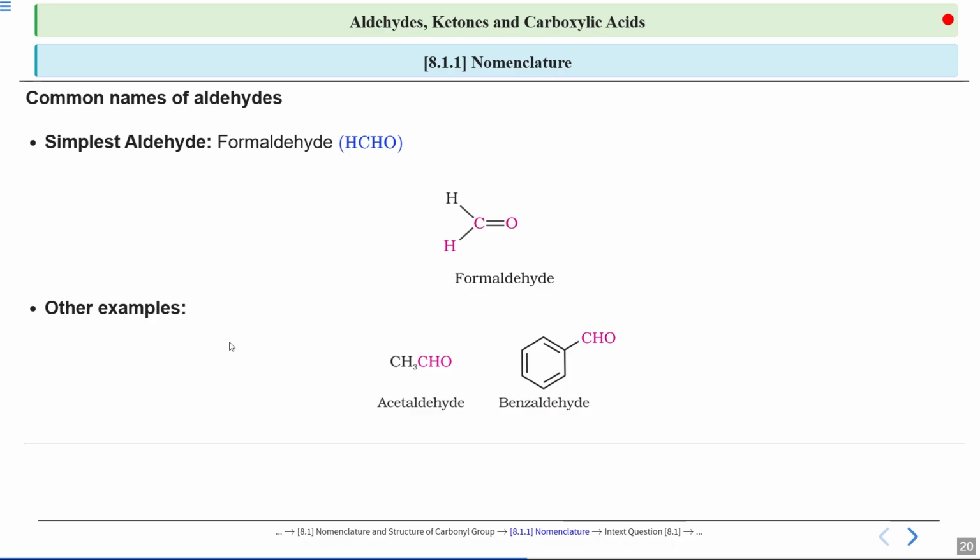Okay, so from the acetic acid, which is your carboxylic acid, you get a corresponding aldehyde, which is acetaldehyde. And similarly, from benzoic acid, you get an aldehyde, which is benzaldehyde. Okay, so this is how a benzaldehyde looks like. You have a benzene ring to which this carbonyl group is attached, or this aldehyde group is attached over here.